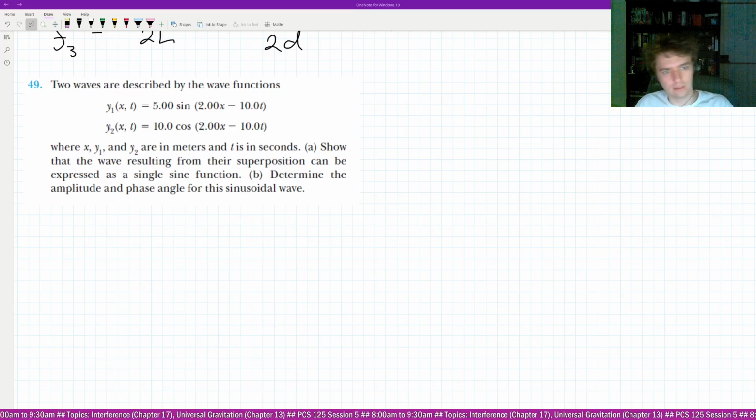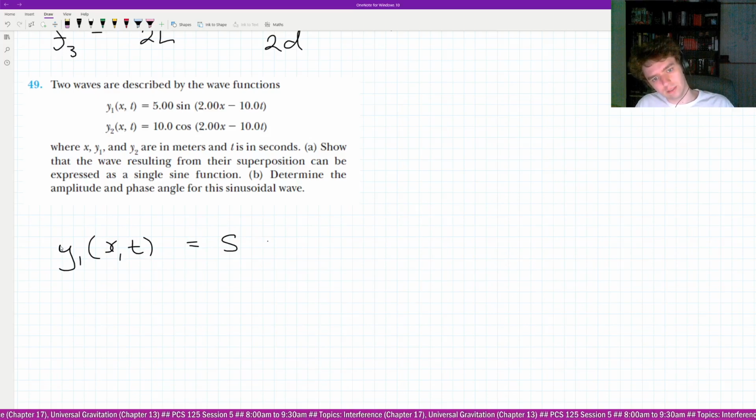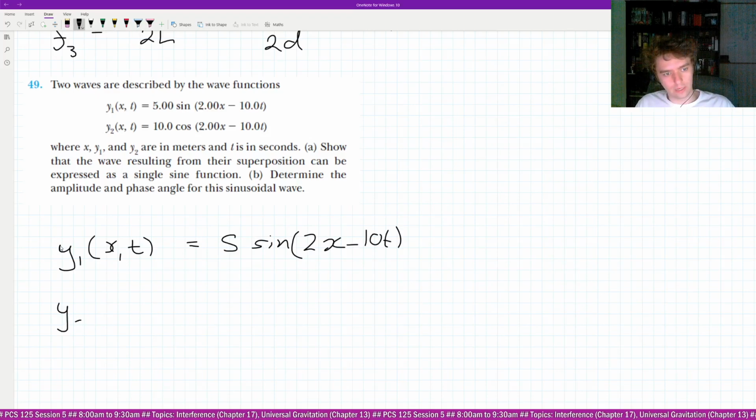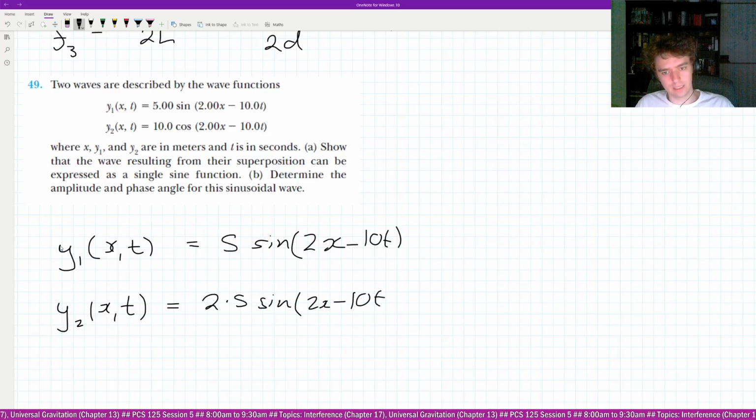So we can alternatively write this as y1(x,t) equals 5 sine(2x minus 10t), and y2(x,t) equals 2 times 5 sine(2x minus 10t).